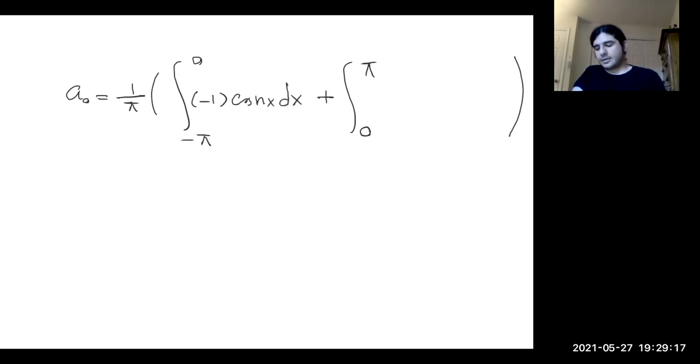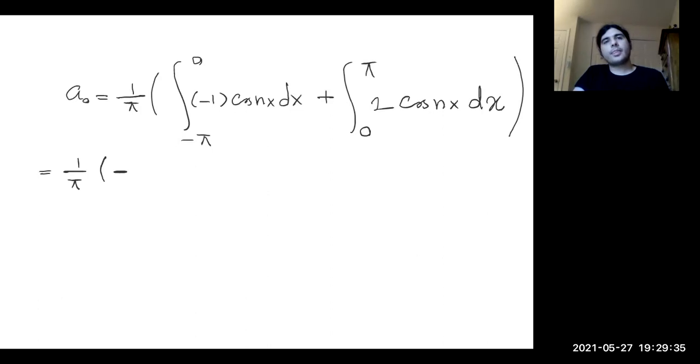And in the second part, f would be equal to 2. So we would have 2 cosine of nx dx, which is equal to 1 over pi. Well, minus 1 comes out of the integral. The integral of cosine is equal to sine.